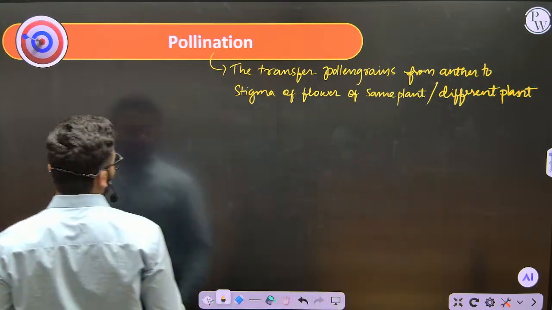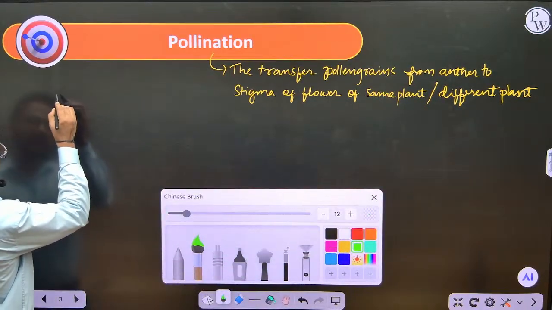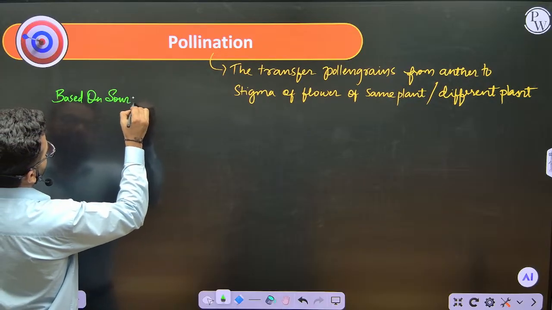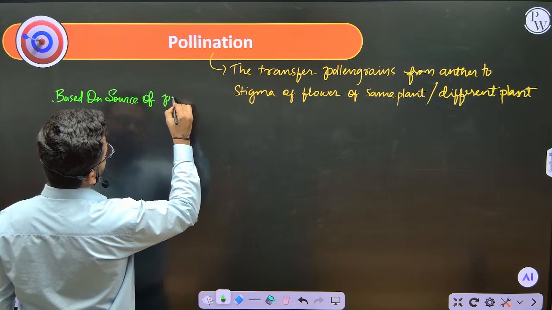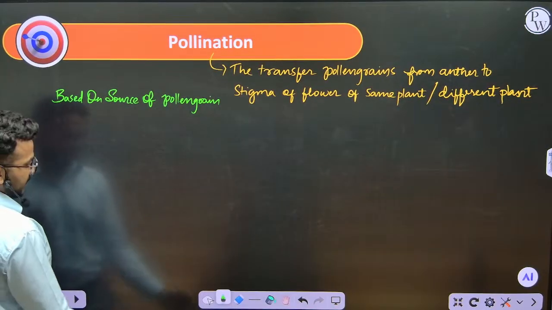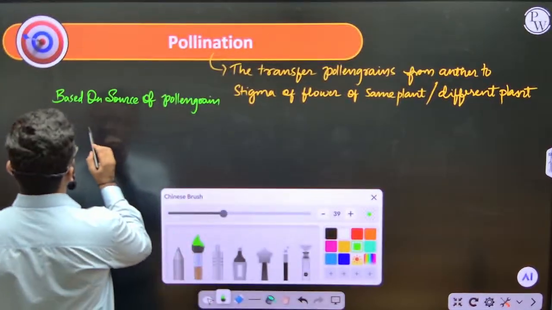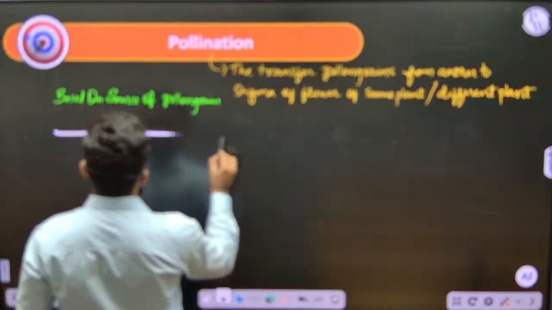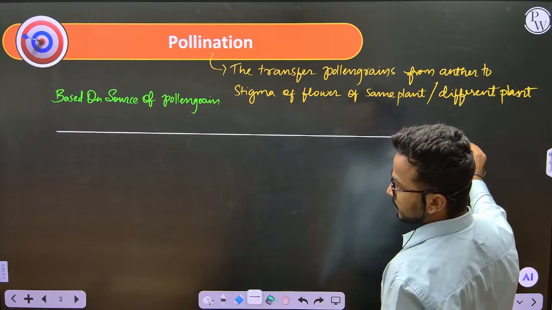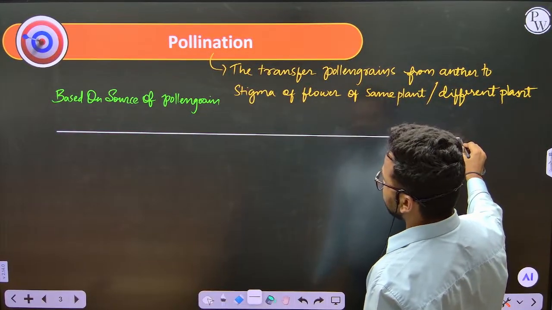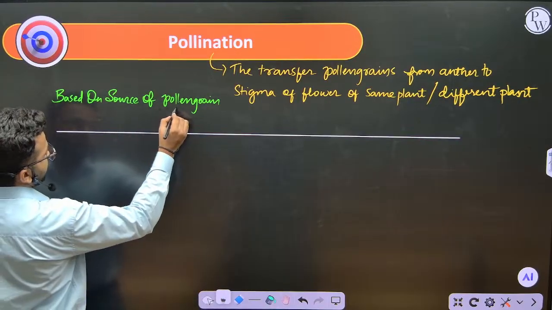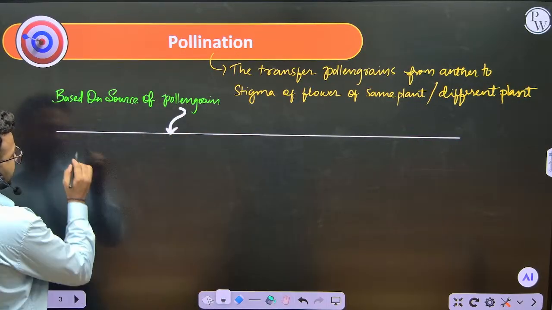So based on the source of pollen grain, there are three different types.